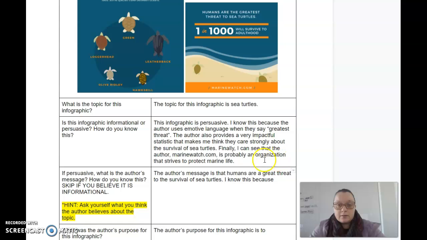I know this because of the language and the statistic the author used in the second part of the infographic.